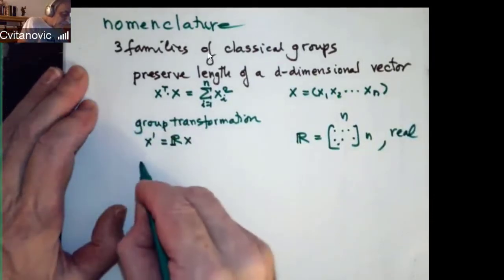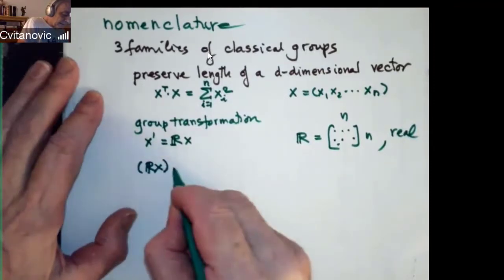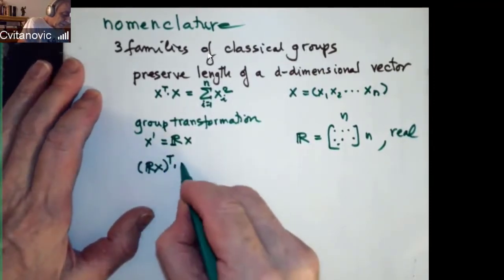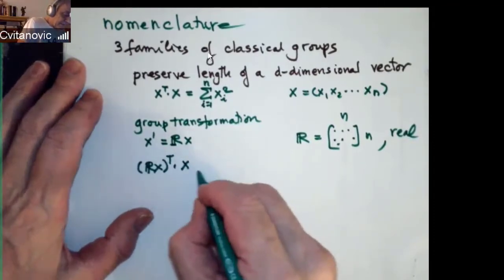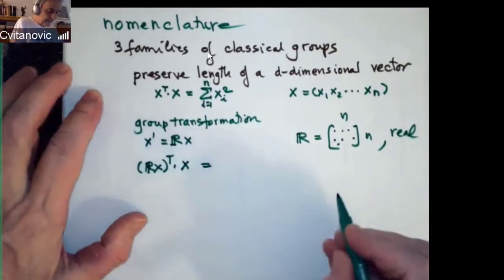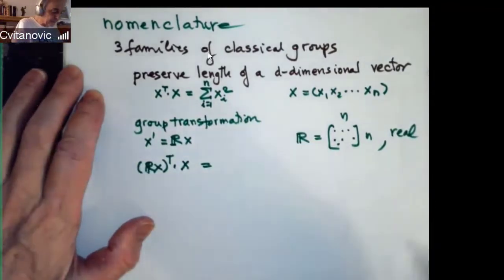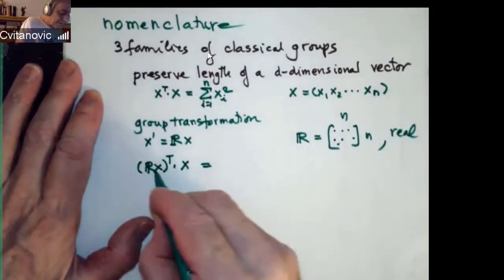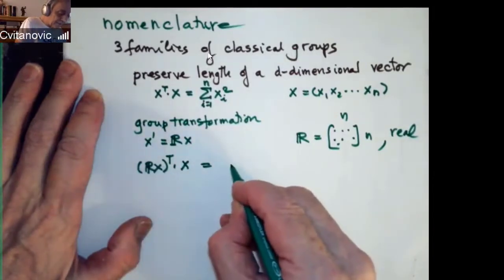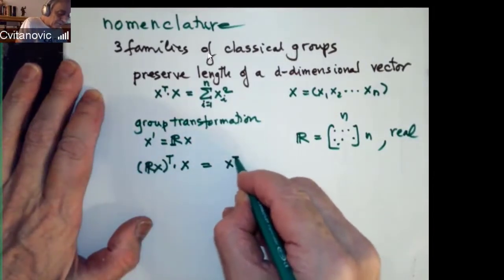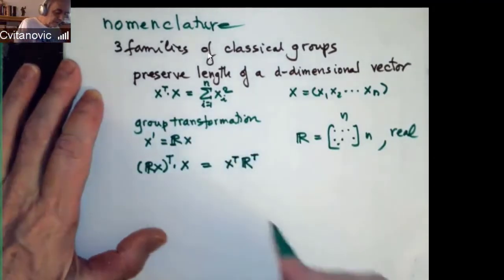Then when we transpose it, we are looking at (Rx) transpose times X. And, you tell me whenever I have to explain something in more detail, but when you transpose a matrix acting on a vector, that's the same as X transpose times the matrix transpose. So they reverse their order.